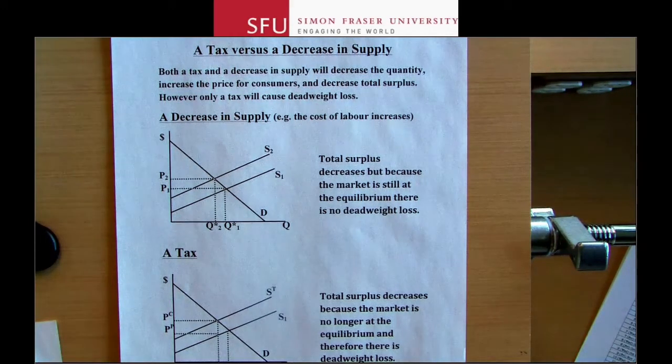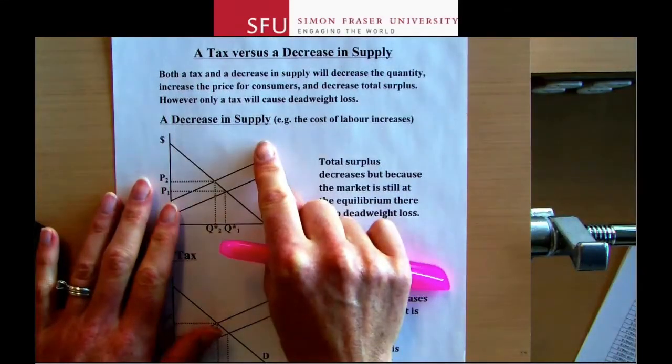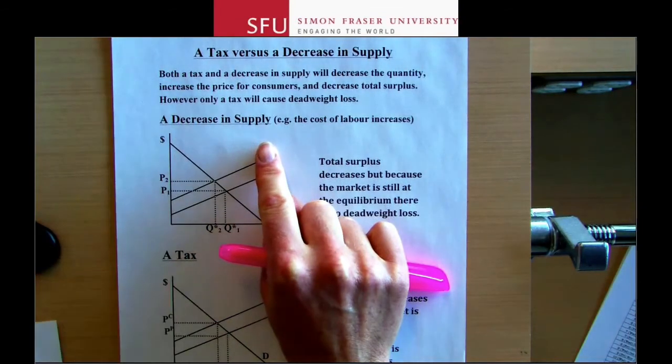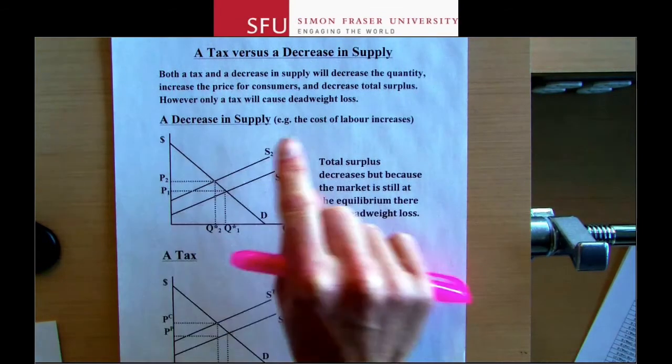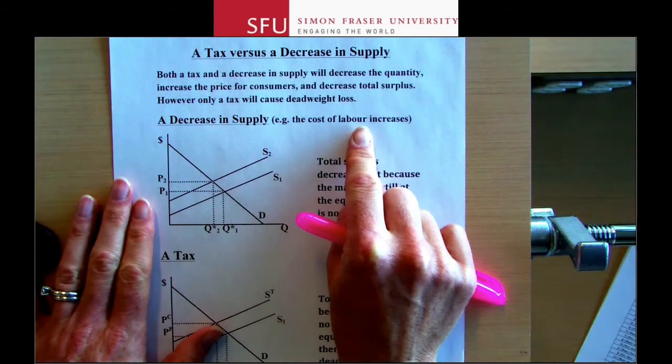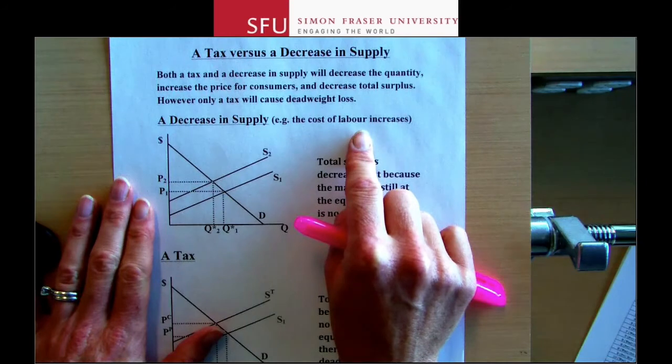Okay, so let's do the decrease in supply first. Now, a decrease in supply could be caused by, we went through 6 different things in Chapter 3, like fewer suppliers, or a change in expectations about the future price, or change in current events, weather, lots of different reasons.